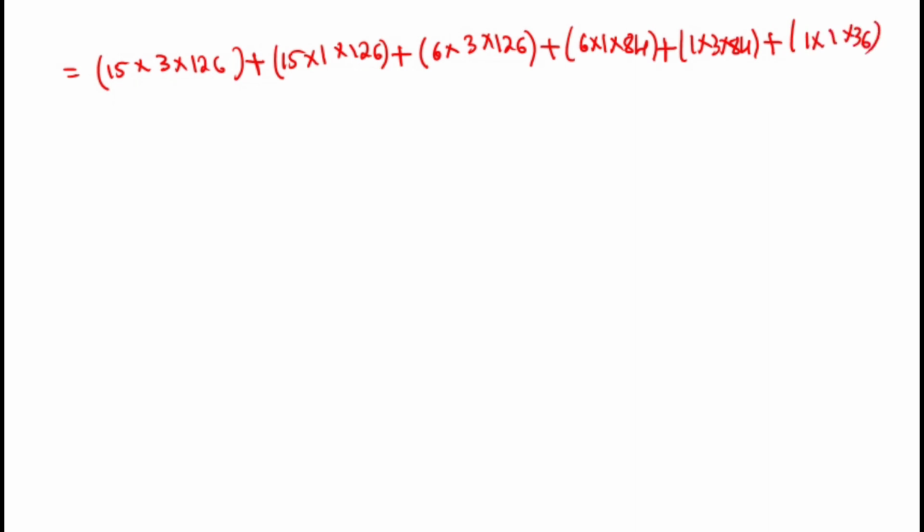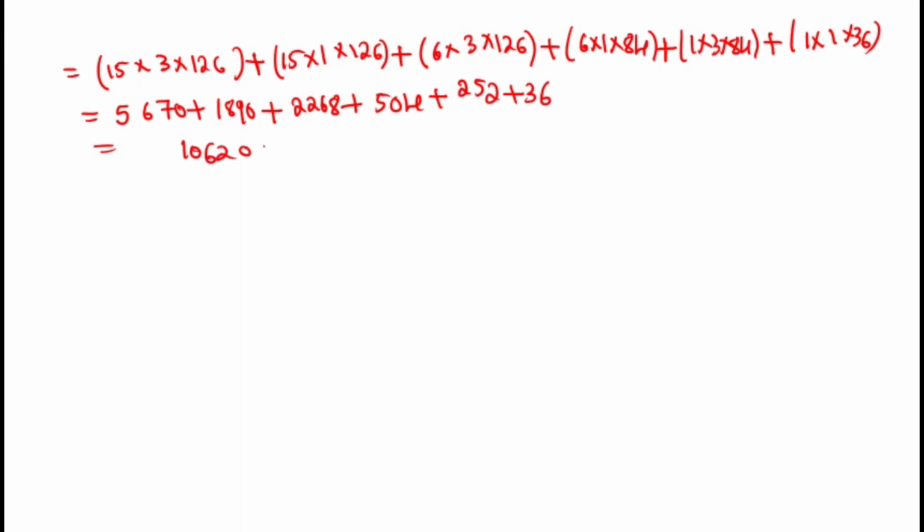This is equal to 5670 plus 1890 plus 2268 plus 504 plus 252 plus 36. Add using calculator, you will get 1620 ways. Total possible is equal to 1620.